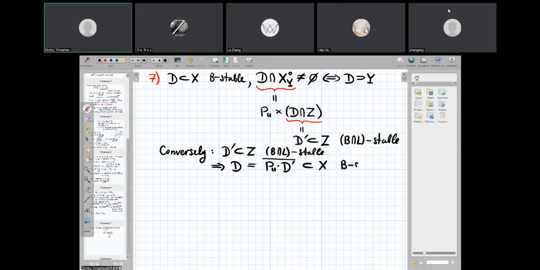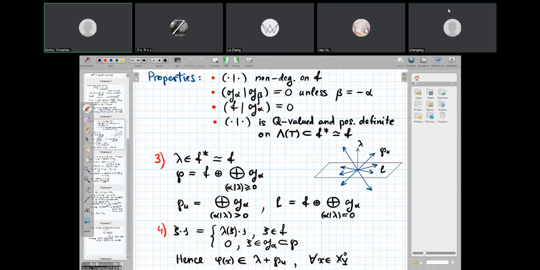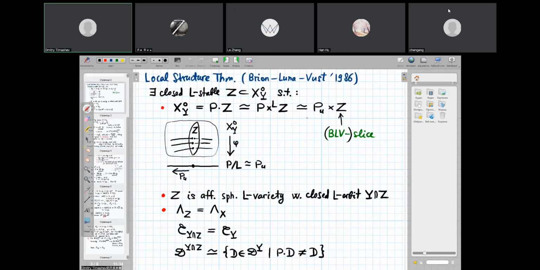It is B stable. Well, why should this be a divisor? Because of this product structure. XY0 is a trivial bundle. Well, I would even say it is a direct product.